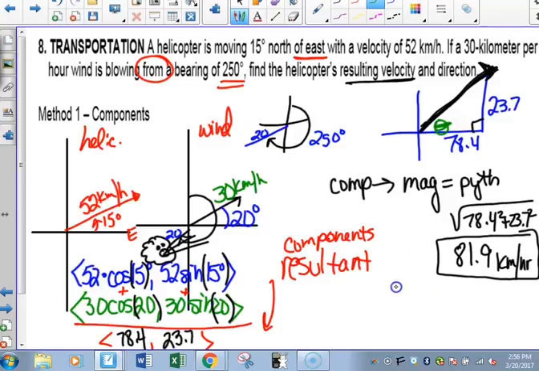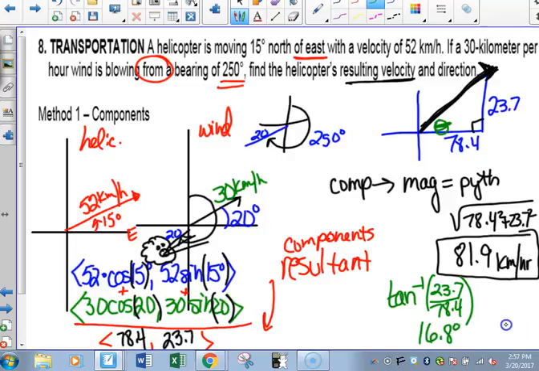Y over x, or opposite over adjacent. So we're going to do inverse tangent, 23.7 over 78.4. I got 16.8. Did anybody else get that?